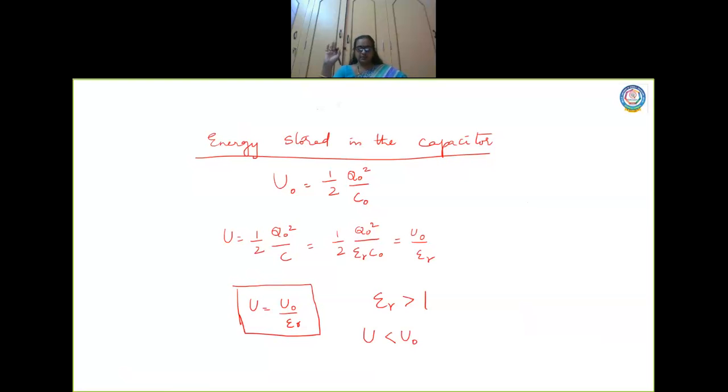Definitely the energy will decrease because when you insert a dielectric, the capacitor spends some of its energy in pulling the dielectric inside. So work has been done, and energy will be decreased. That is why we write U less than U naught. Is it clear, children? A very, very important derivation part.